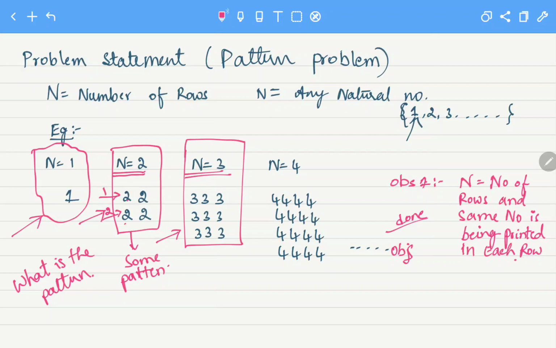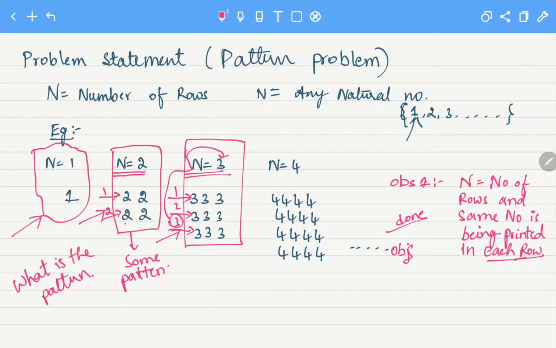Here this is row 1, row 2 and row 3, and this 3 is matching with whatever input you have given.